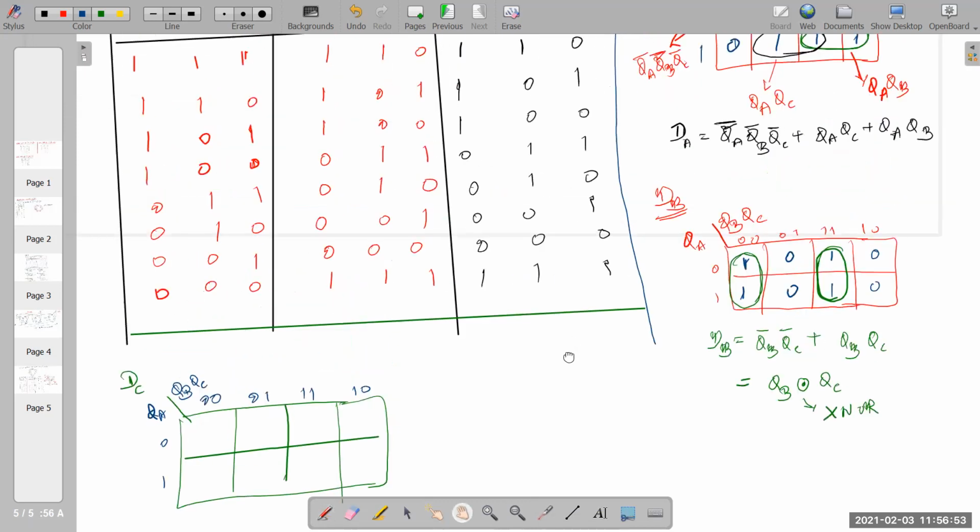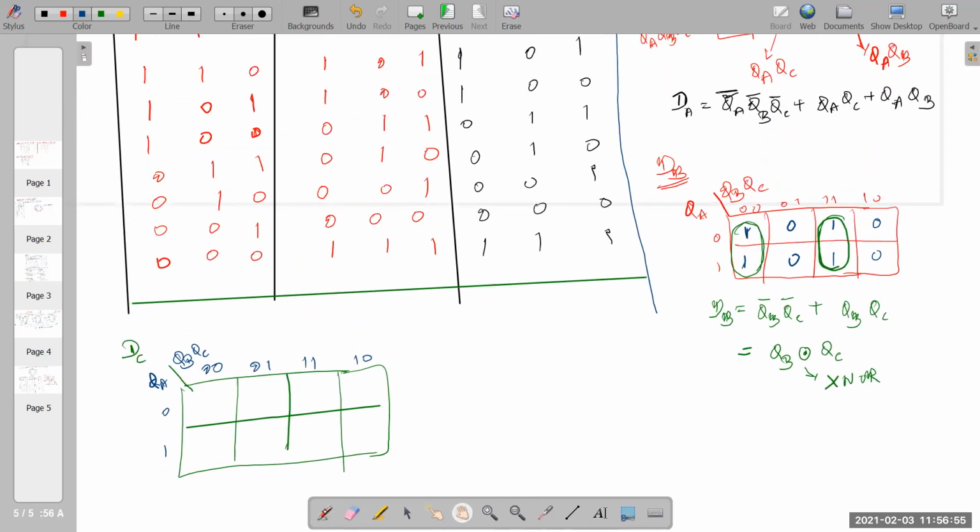I have to refer the table. 0 0 0 it is 1. Help me to fill. What about 0 0 1? 0 0 1 is 1. No. 0 1 0 is 1. Okay, am I right? 0 1 0 is 1.